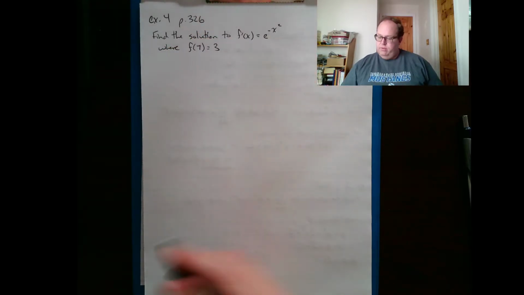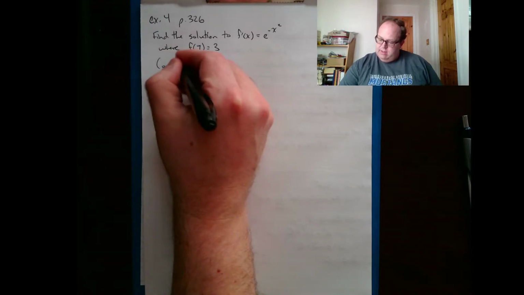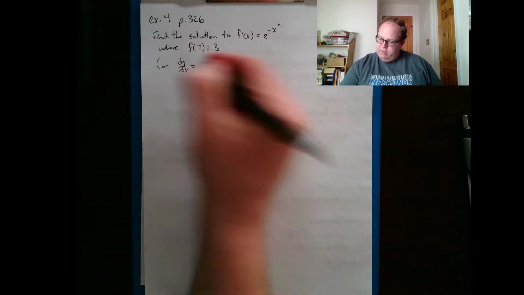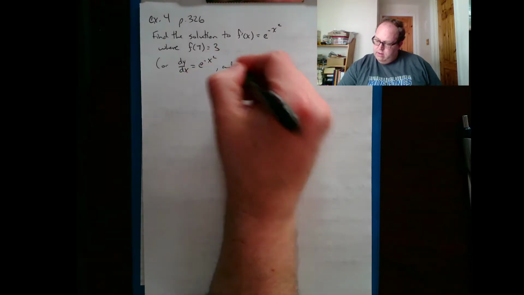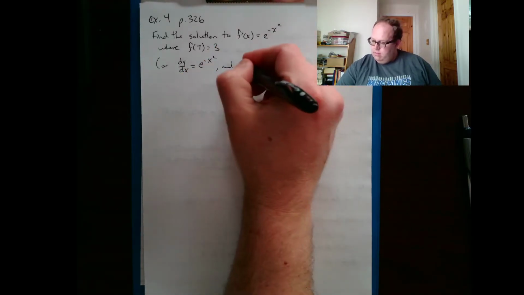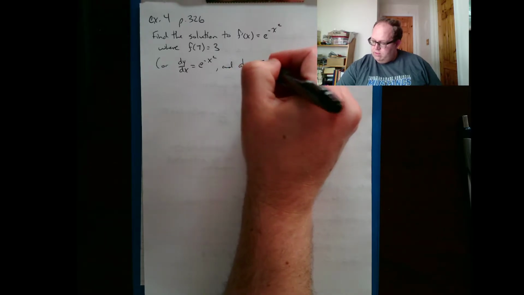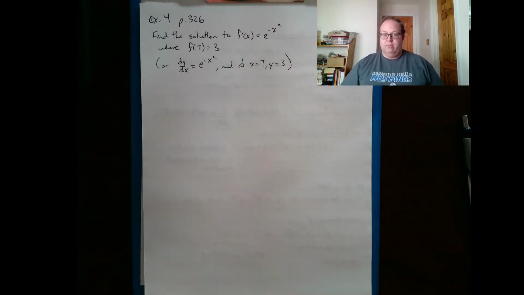If I wanted to restate this differently, I'd say dy dx equals e to the negative x squared, and at x equals 7, y equals 3. That would be the same setup, the same statement.